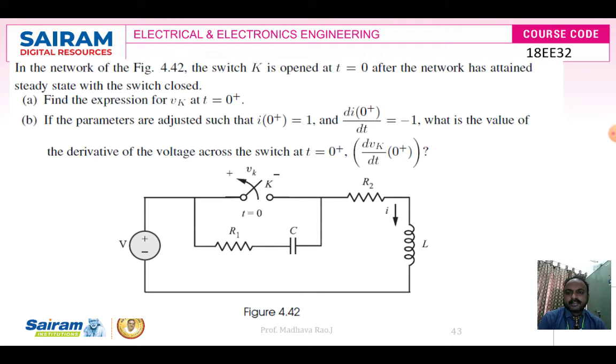If the parameters are adjusted such that i(0+) equal to 1, di(0+)/dt equal to minus 1, what is the value of the derivative of the voltage across the switch at t equal to 0 plus, dVk/dt at t equal to 0 plus?